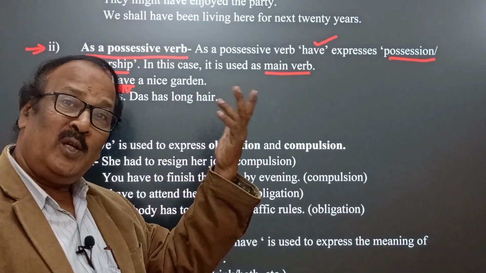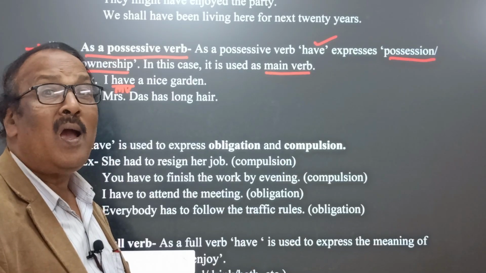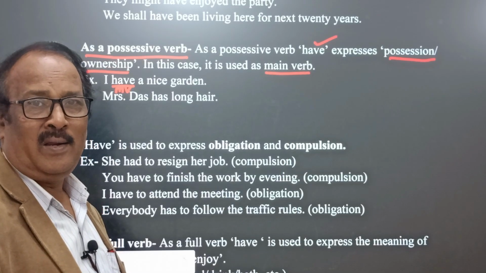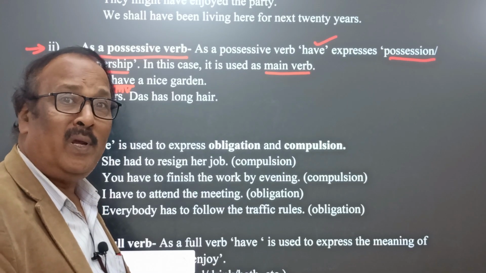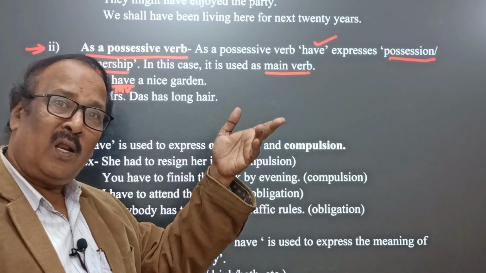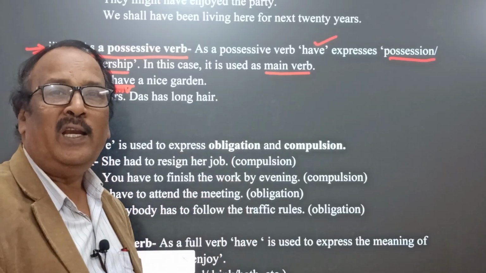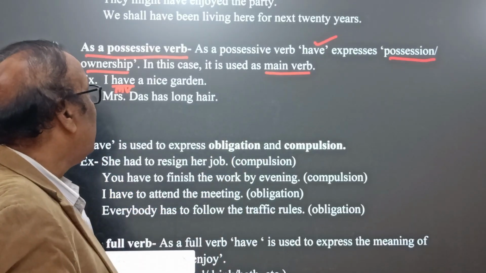If we change it into negative, in the British way of negative, I have not a nice garden. But in the American way, I don't have a nice garden. Both the American way and the British way are accepted here in India. Mrs. Das has long hair.